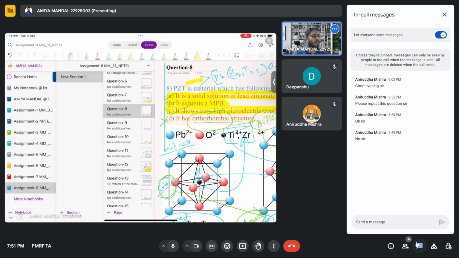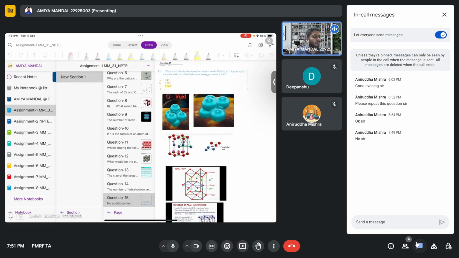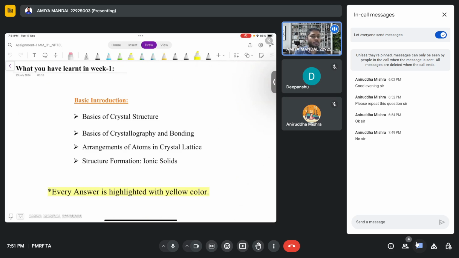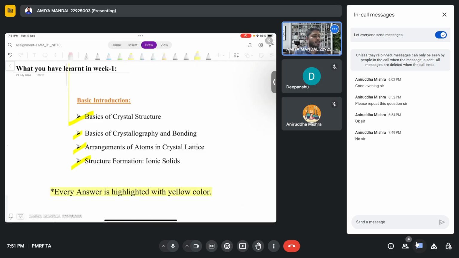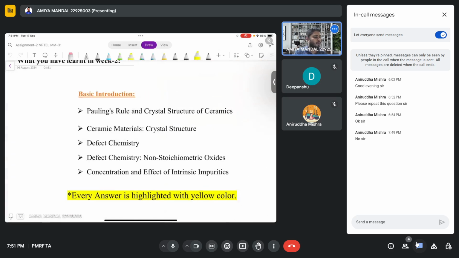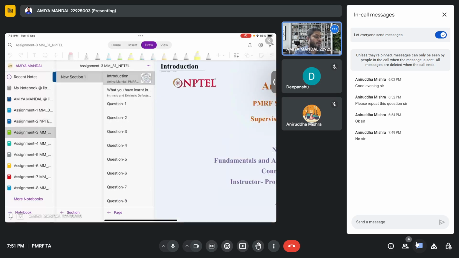So, what you have learned: from assignment 1, you learned the basics of crystal structure, basics of crystallography, and arrangement of atoms in a crystal lattice. In assignment 2, you learned about Pauling's rules, ceramic materials, defect chemistry of non-stoichiometric crystals, and the concentration effect of intrinsic impurity.